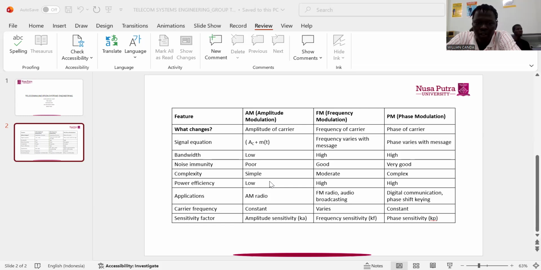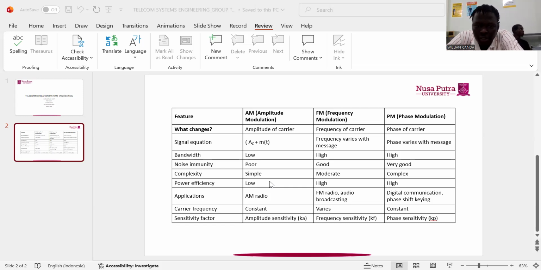Bandwidth is low under AM, then high under FM, and also high under PM. For noise immunity, it is poor in AM, good in FM, very good in PM.